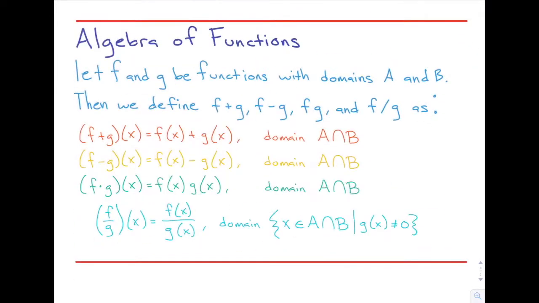So altogether we have the algebra of functions. Let f and g be functions with domains A and B. Then we define f plus g, f minus g, f times g, and f divided by g as follows. f plus g of x, the same thing as f of x plus g of x, has domain A intersect B. f minus g of x, equivalently f of x minus g of x, has domain A intersect B. f times g of x, equivalently f of x times g of x, has domain A intersect B. And f over g of x, equivalently f of x over g of x, has domain all x's in the intersection of A and B such that g of x does not equal 0.